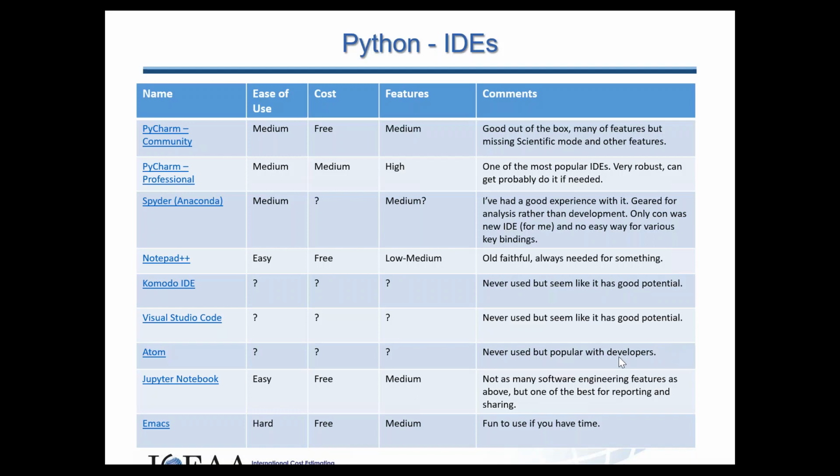I use PyCharm, which is a great tool. There are other ones out there. You can look at Spyder from the Anaconda ecosystem. Notepad++ is a good one if you just want to dive in right away. There are some other ones out there. And if you really want to go deep, go Emacs. That's the one I originally learned on, but it's kind of the hobby tool.